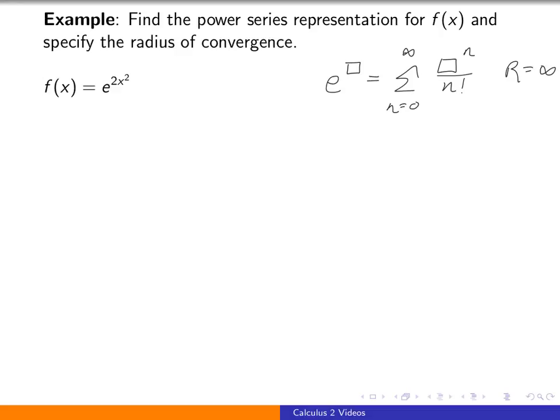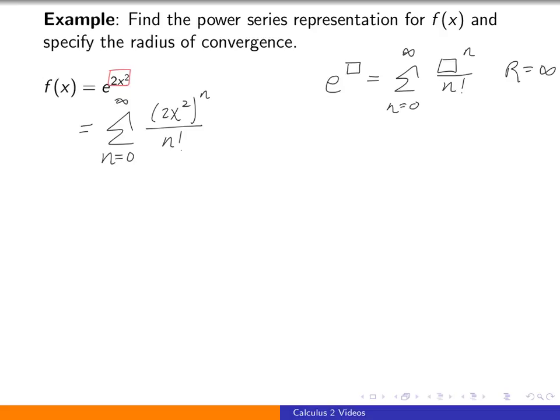So in this case, the something that we are using is 2x squared. So the power series representation will be the sum from n equals 0 to infinity of that something, 2x squared, raised to the nth power, all divided by n factorial.